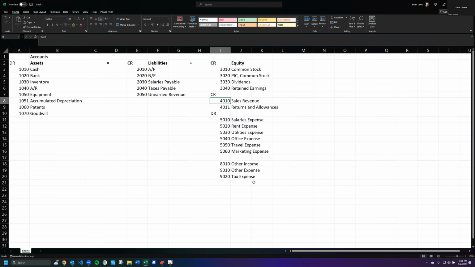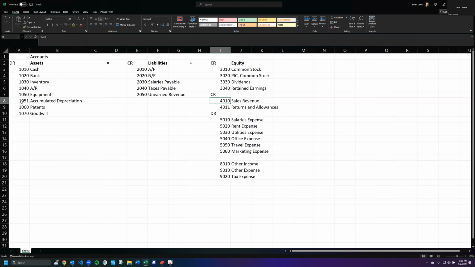These are credits. These are debits. The reason they're normal credit is because you expect to have a profit, right? And profits add to retained earnings. And because they add to retained earnings, it's a credit. So that's why revenues are always a normal credit balance, and expenses are a normal debit balance. So that's how it all flows on this side of the equation.